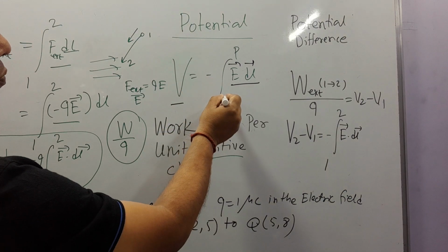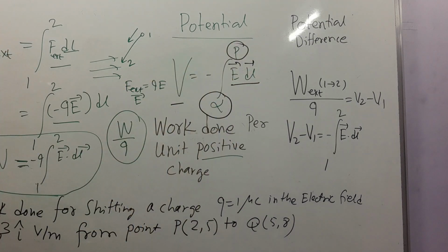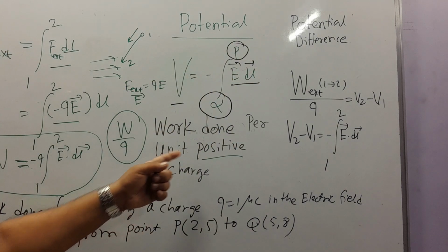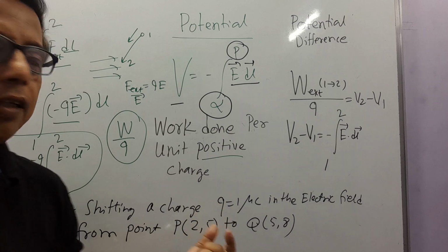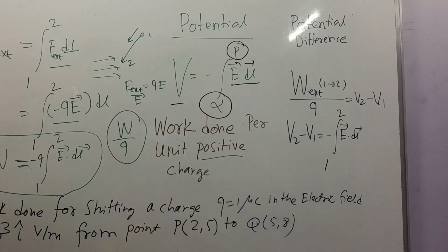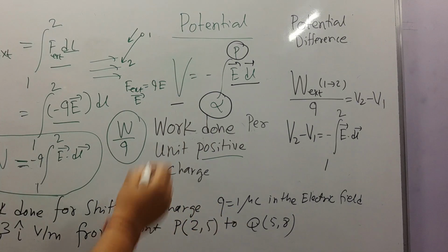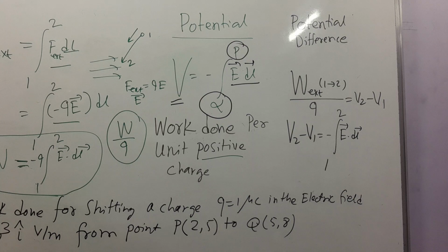Potential means we take a charge from infinity to a certain point P. The work done per unit positive charge in taking a charge from infinity to a certain distance in an existing electric field is the electrostatic potential.